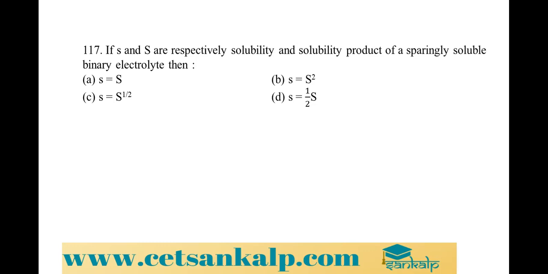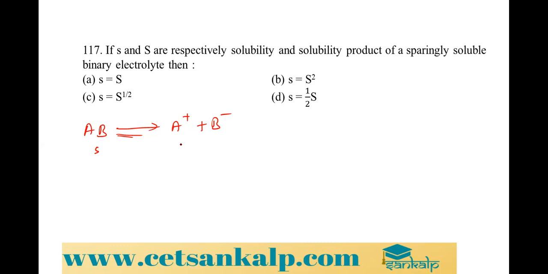If small s and capital S are respectively the solubility and solubility product of a sparingly soluble binary electrolyte, then what will it be? Let me tell you. Take any binary electrolyte AB, okay? That ionizes to give A plus and B minus.